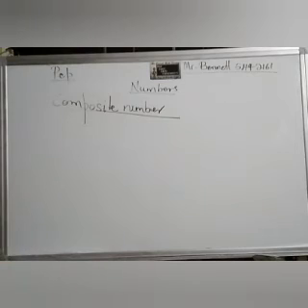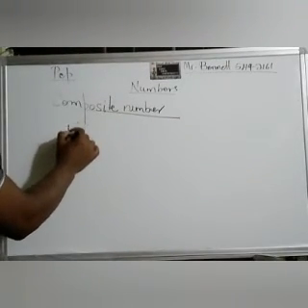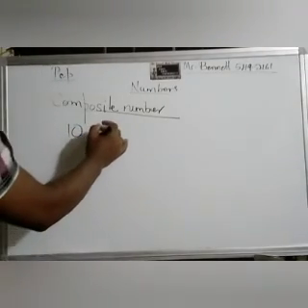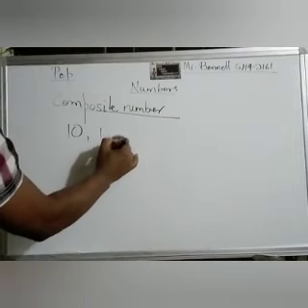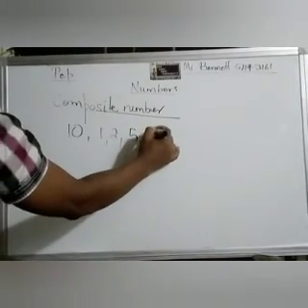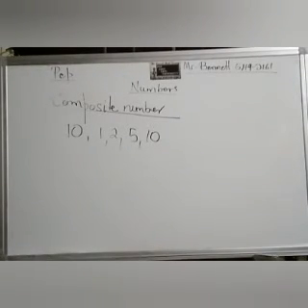Let us look at one such number. Let us try 10. How many factors does 10 have? Well, from the previous video we know 1, 2, 5, 10. Wow! 10 is a composite number because it has more than 2 factors.